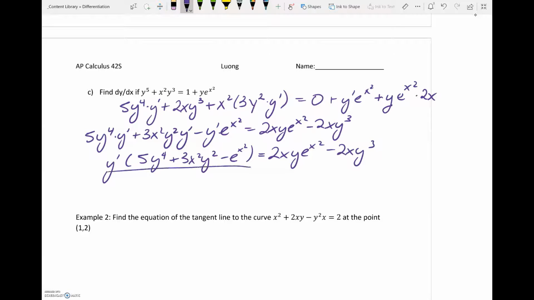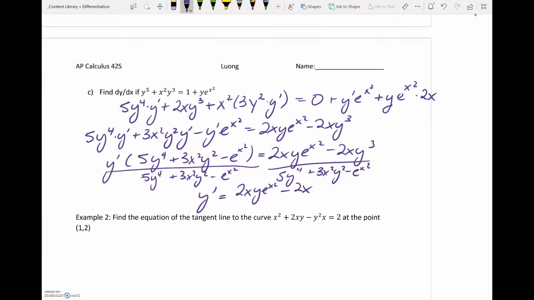Then divide both sides by 5y to the power of 4 plus 3x squared y squared minus e to the x squared to isolate our y prime. So then y prime is what we have on our right hand side here. And then that's it.